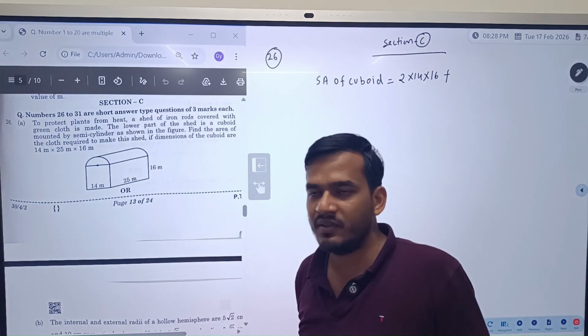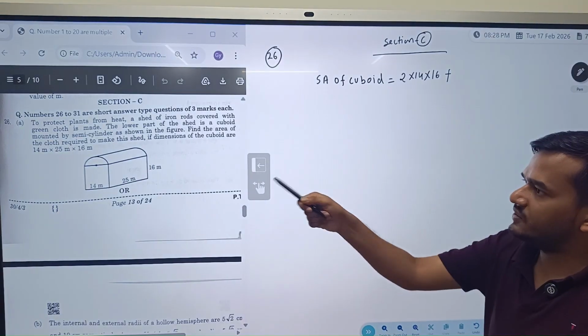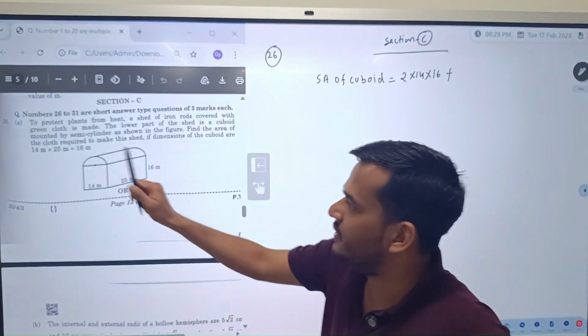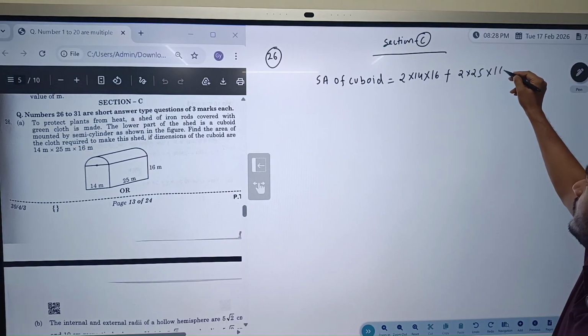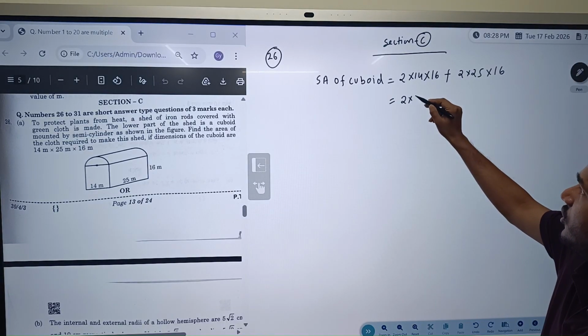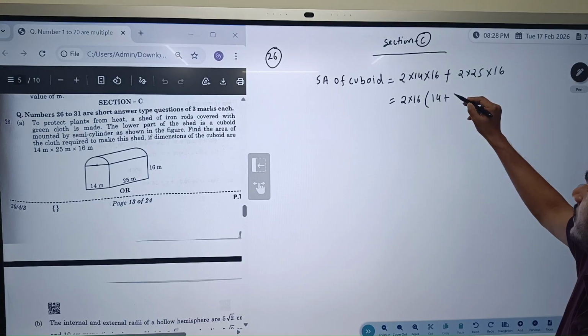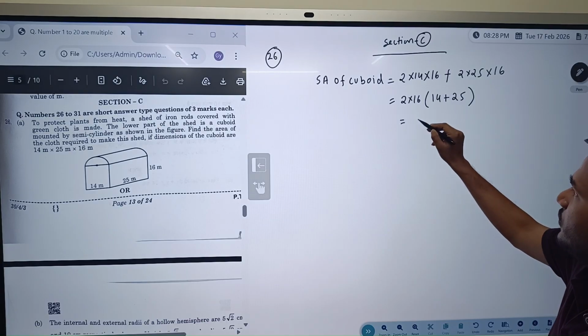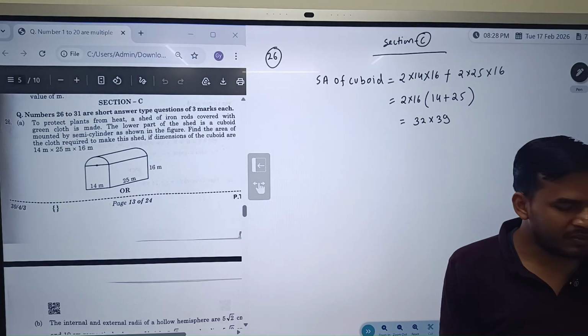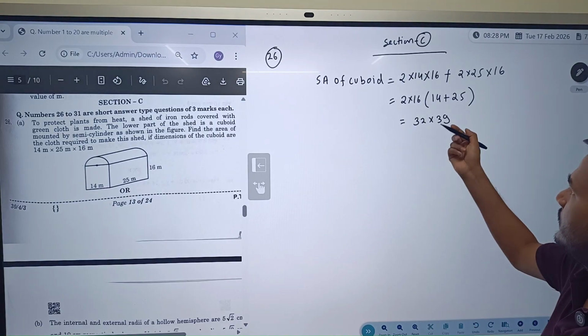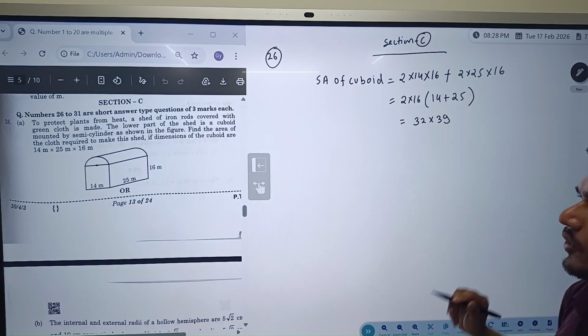Similarly, on the back side, there is 14 into 16, and on the back side of the other surface, there is 25 into 16. So 2 into 25 into 16. Now we can take 2 into 16 common, 14 plus 25. So 32 into 39. This is the surface area of the cuboid.